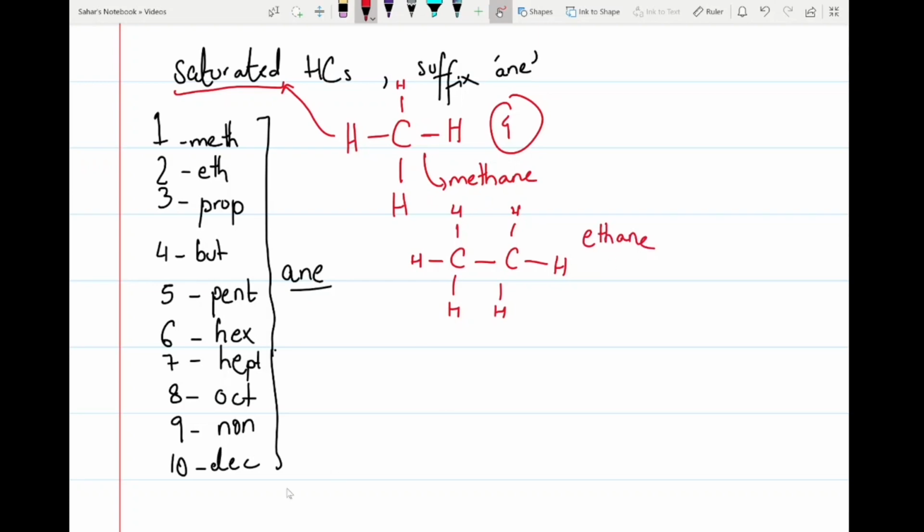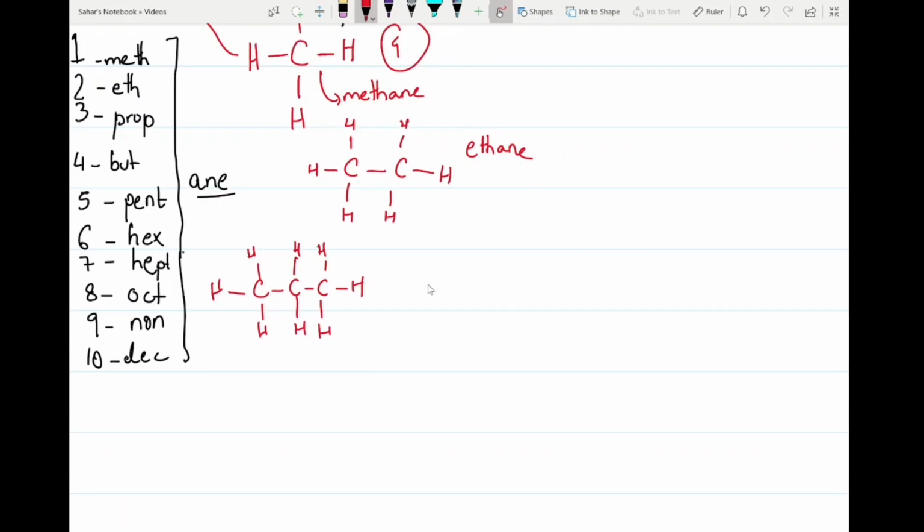Same thing as before, we have the parent chain to be 3 carbon molecules, and each of those carbon molecules then makes bonds with hydrogen. If we were to draw butane, it would be a parent chain of 4 carbon atoms, and then each carbon atom, the rest of the bonds are with hydrogens.